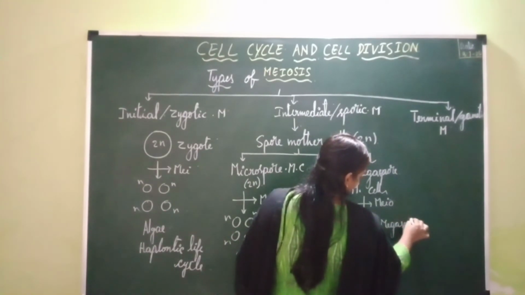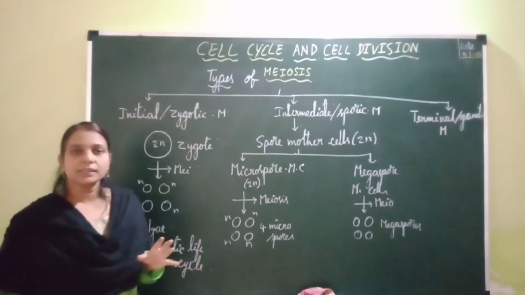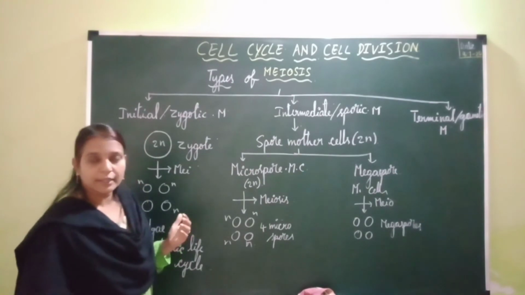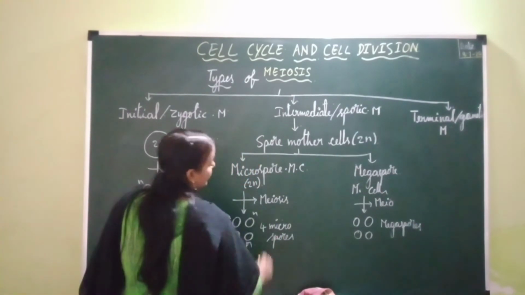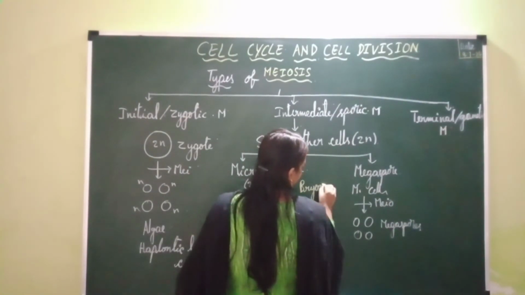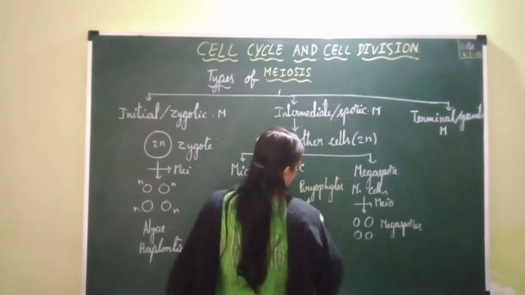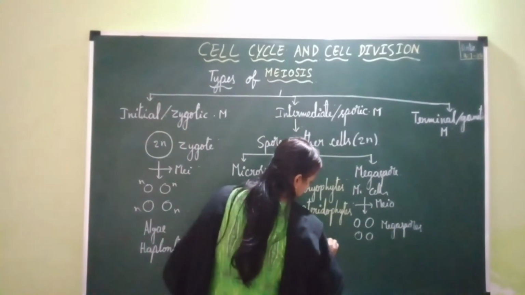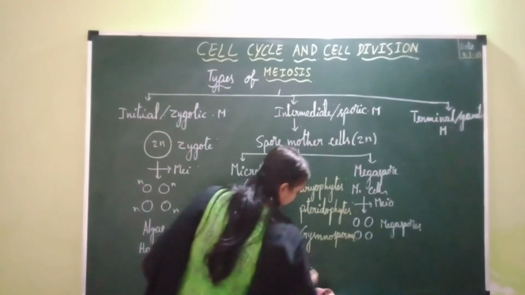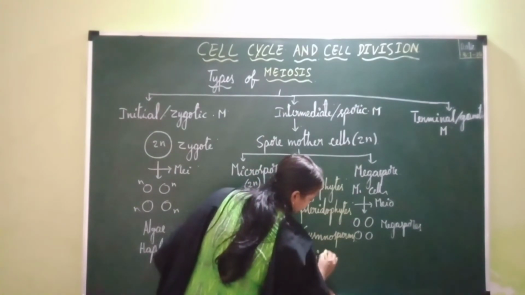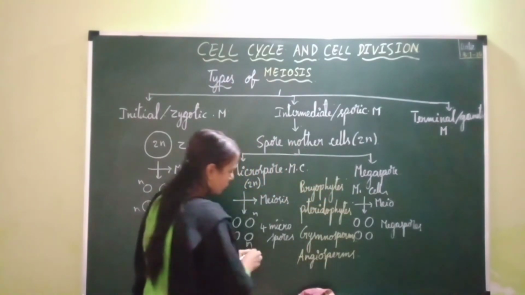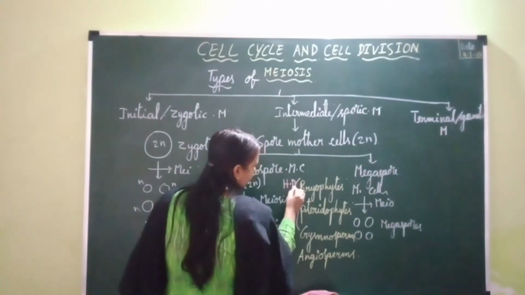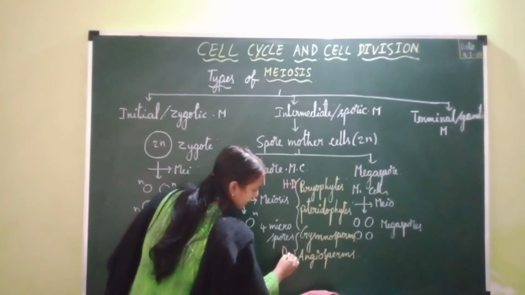This type of meiosis occurs in bryophytes, pteridophytes, gymnosperms and angiosperms, which exhibit haplodiplontic and diplontic life cycles. Among these groups, bryophytes and pteridophytes exhibit a haplodiplontic life cycle, whereas gymnosperms and angiosperms exhibit a diplontic life cycle.